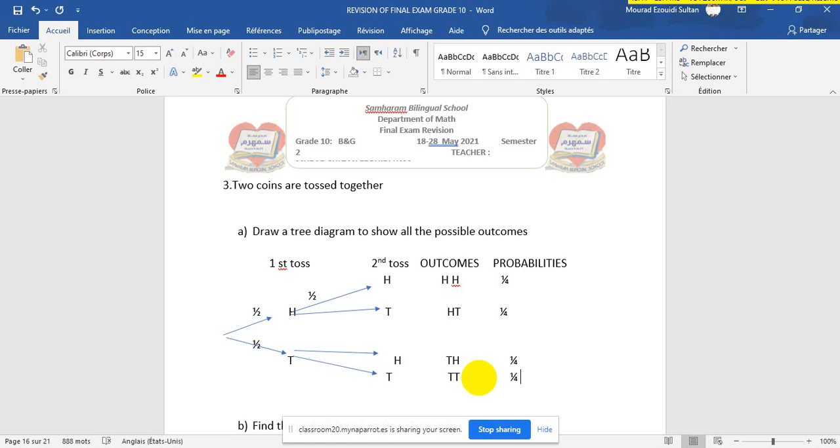So now this is what you should draw in the first question. It's out of 2 marks.